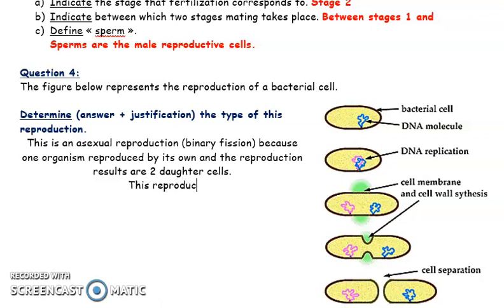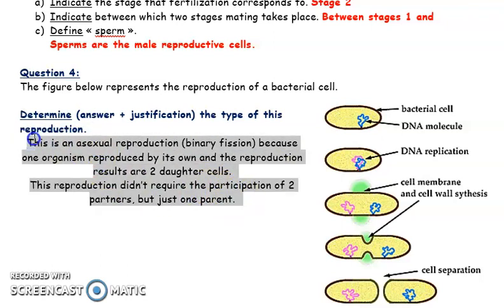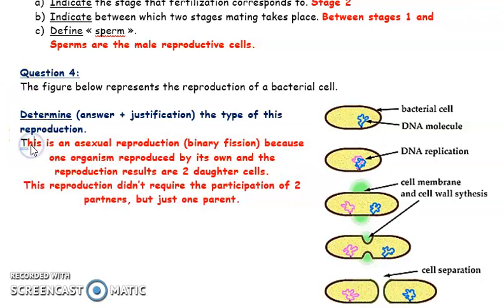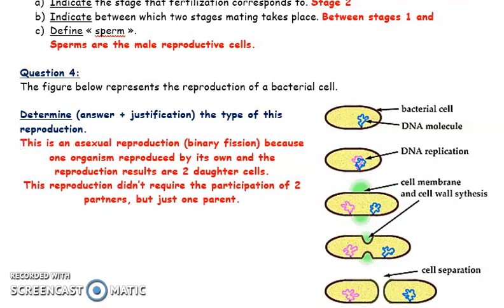This reproduction didn't require the participation of two partners, just one parent. So this is an asexual reproduction.